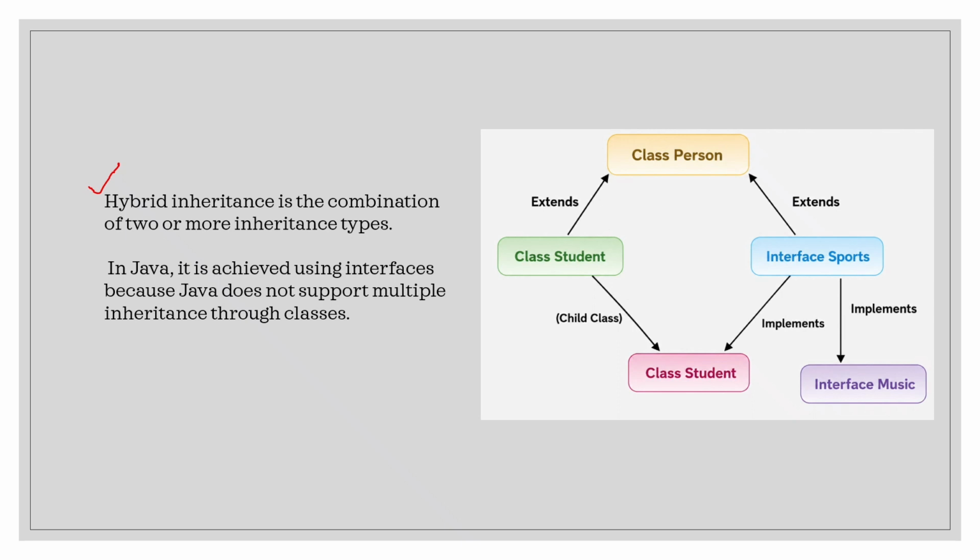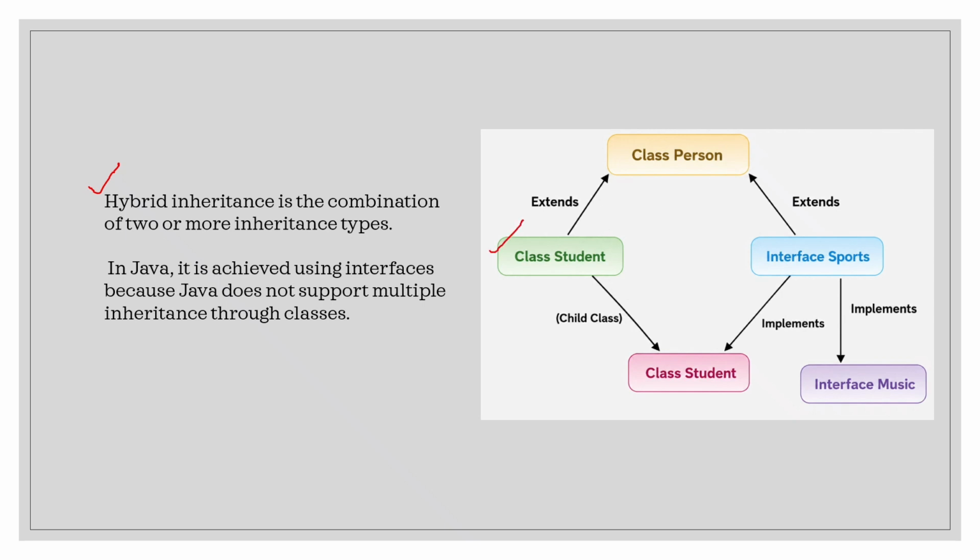Think of hybrid inheritance like a mix of different family relationships. For example, a child gets qualities from a parent class. This represents single inheritance. At the same time, the child can also get abilities from multiple interfaces. This represents multiple inheritance. When these inheritance types are combined together, it is called hybrid inheritance. Now look at this structure carefully. Student inherits from the parent class.